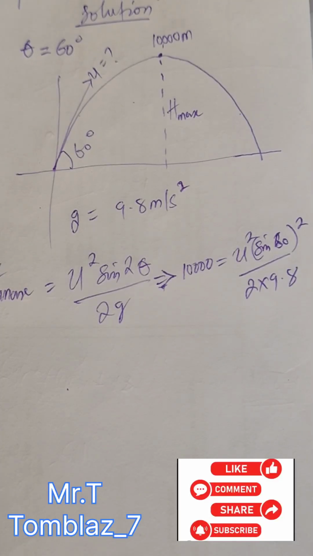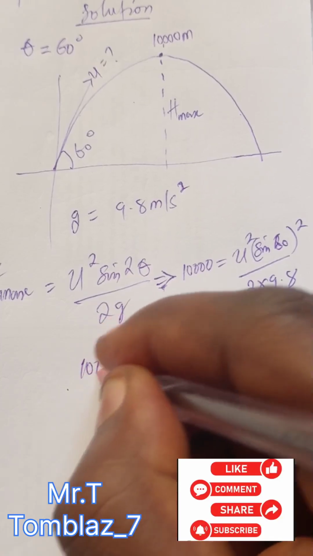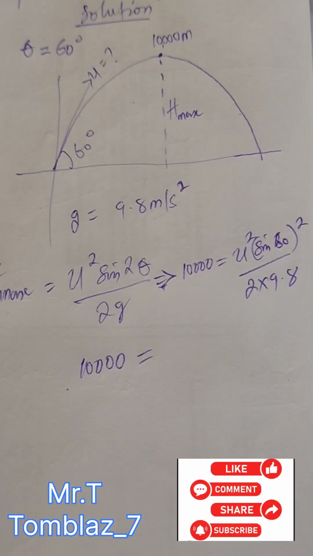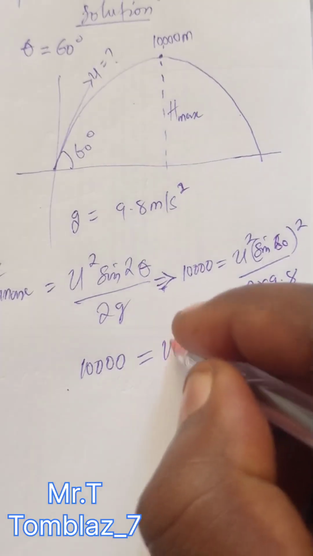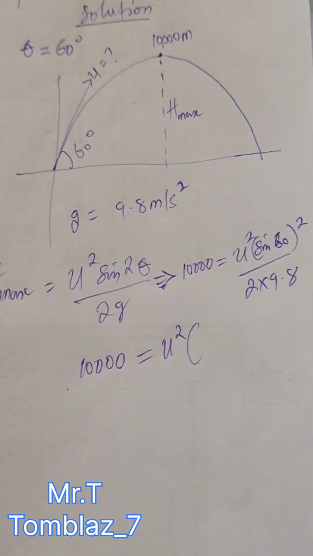If we look at this, we have 10,000 equals U squared, and we're going to look for sine 60.